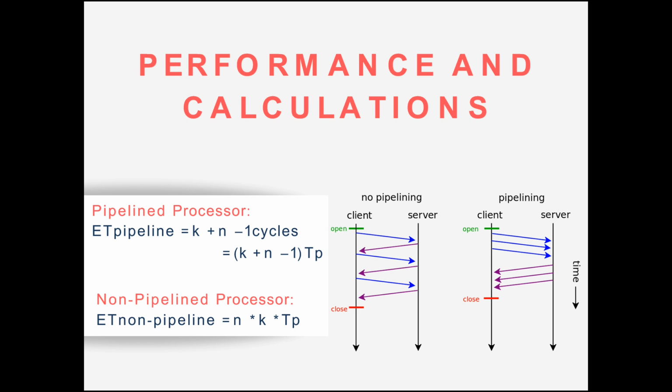These formulas show the execution time of the instructions in a pipeline and a non-pipeline processor. Number 1 is for pipeline and number 2 is for non-pipeline processor. In the formula, K represents the stages of the pipeline, N represents the number of instructions, and TP is one stage time. If you put the values in both equations, the result will be quite clear. The overall time from the first equation will be almost half as compared to the second one.